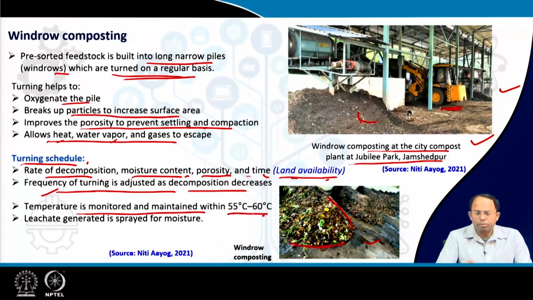So, we will try to maintain around 55 to 60 degrees for a period of 2 to 3 weeks. That is good enough for production of compost. Leachate generated is collected. Sometimes it is sprayed back, which gives added moisture to the compost. Excess leachate also needs to be treated.